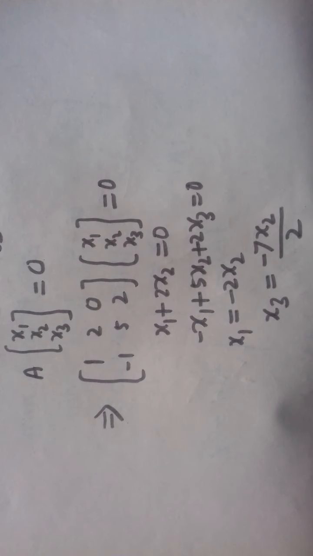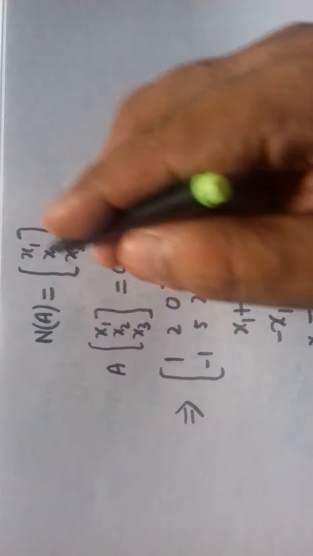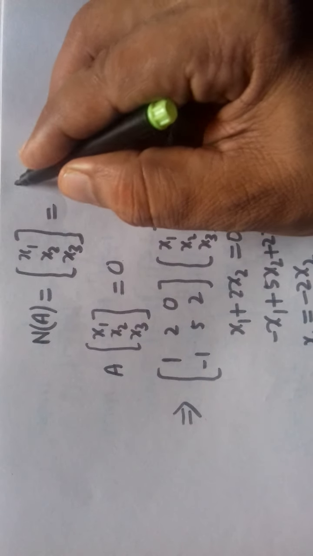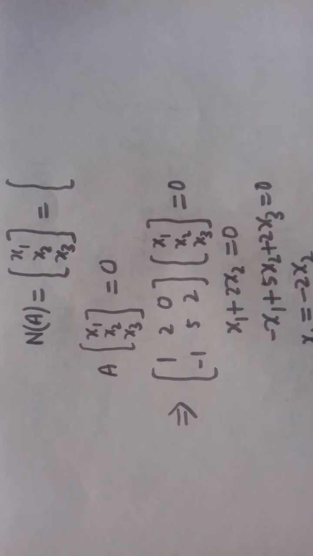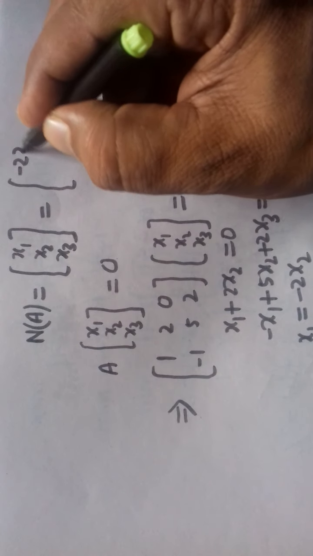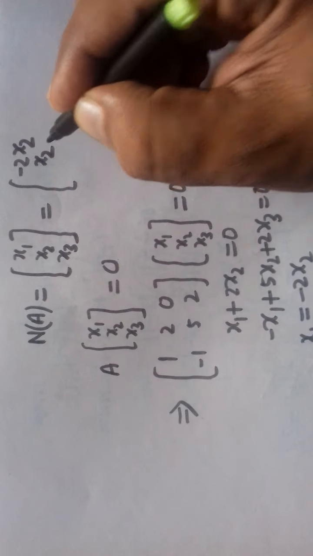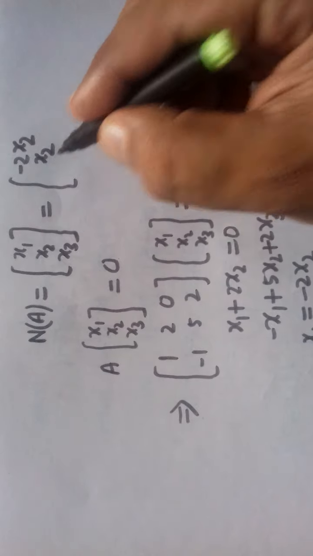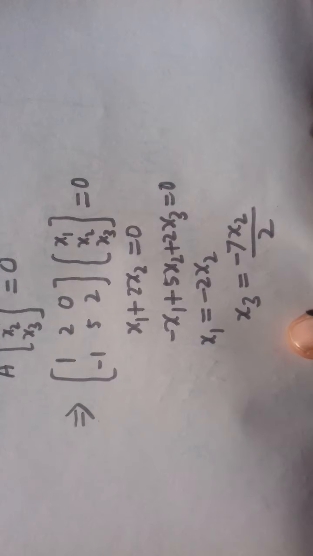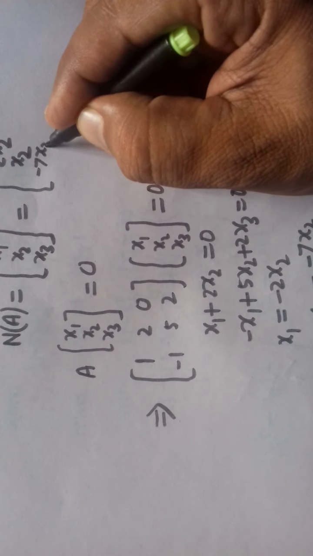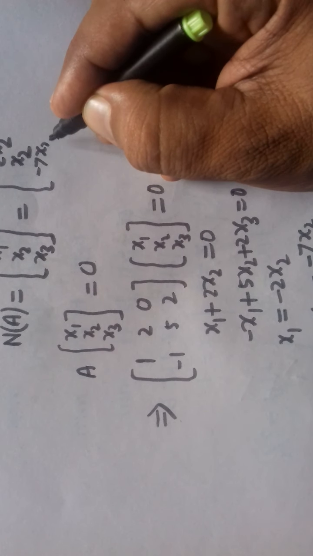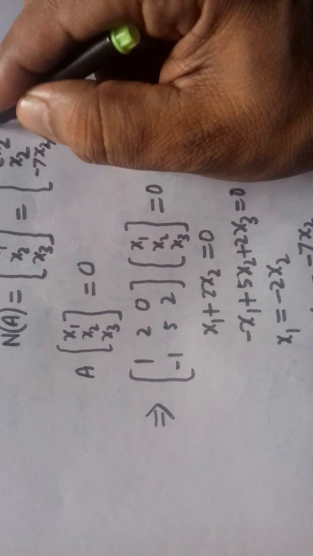Now we can put the value of x1 and x3 in the vector. Putting the values we get x1 as minus 2x2, x2 the same, and x3 as minus 7x2 by 2.